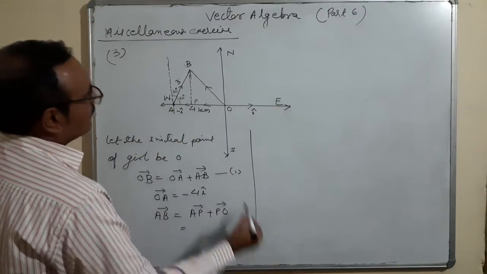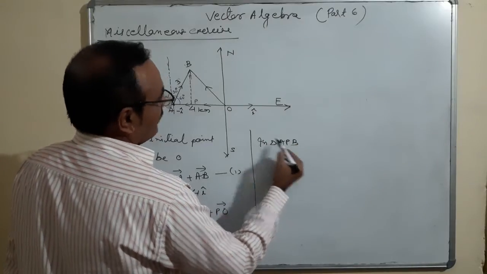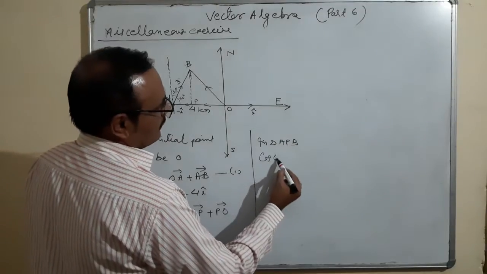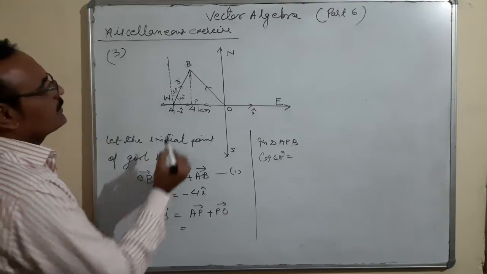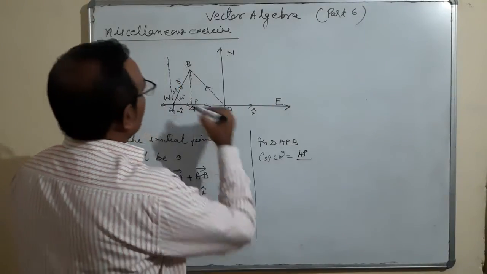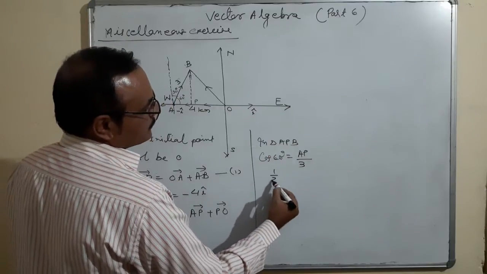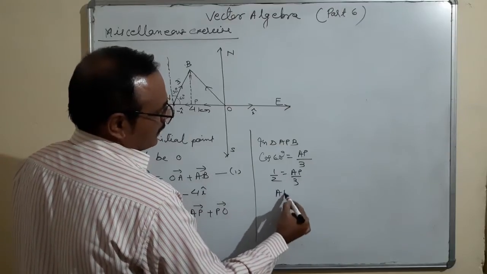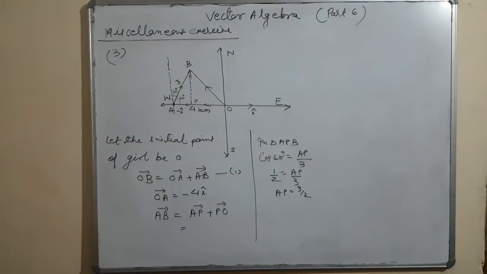See, in triangle APB, using cos 60. Cos 60 is equal to base upon hypotenuse. Base is AP, hypotenuse is 3. The value of cos 60 is 1 by 2, so 1 by 2 equals AP upon 3. Therefore, AP is equal to 3 upon 2. This is the value of AP.